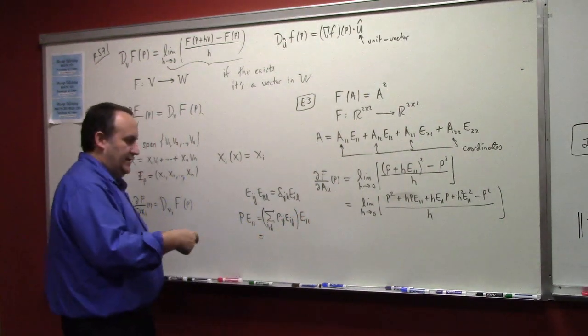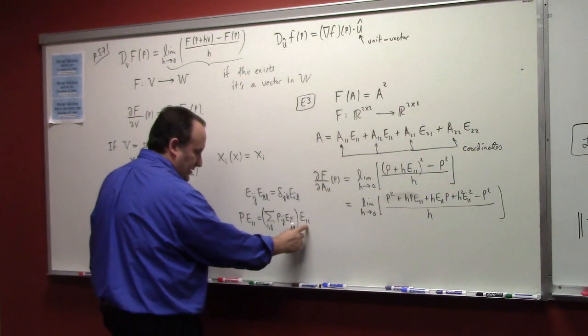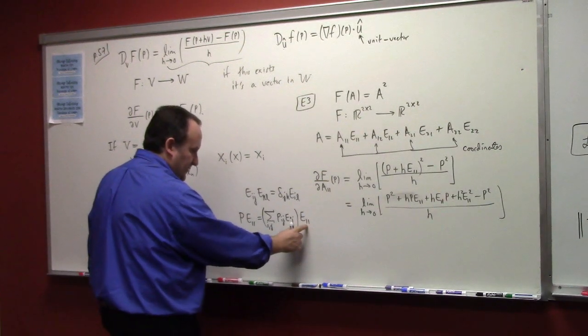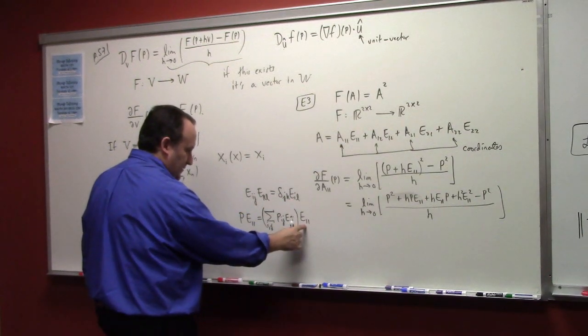And the only way this is non-zero is if J is 1.